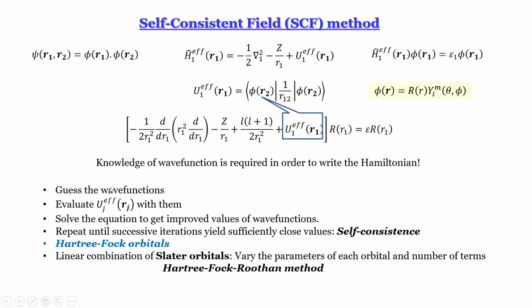What they are saying is that we have to guess some wave function phi of r and evaluate this effective potential energy, using that variational parameter itself. But what we will see is that this already has this phi term in it. So this is becoming a computational problem.